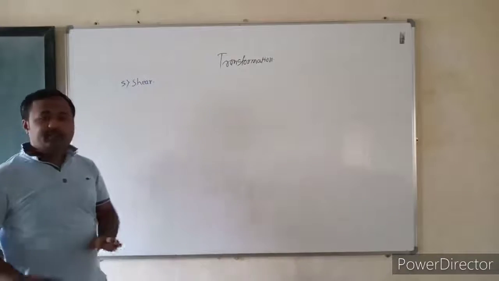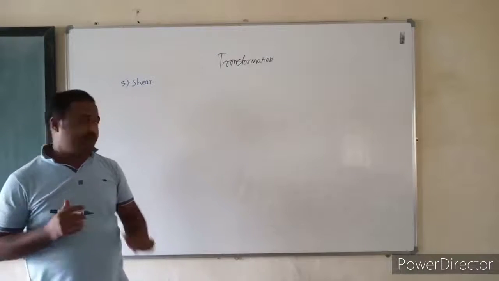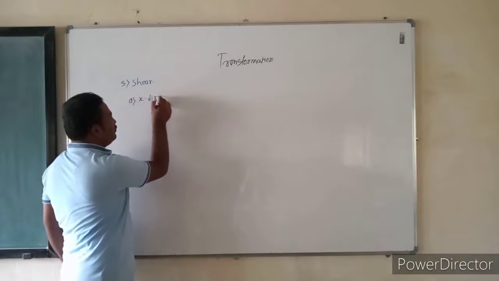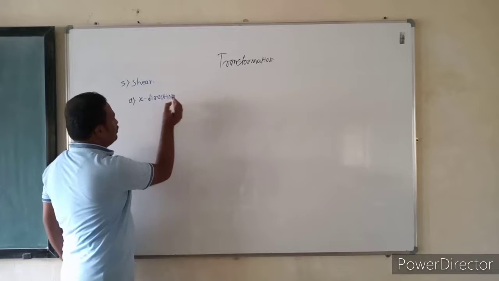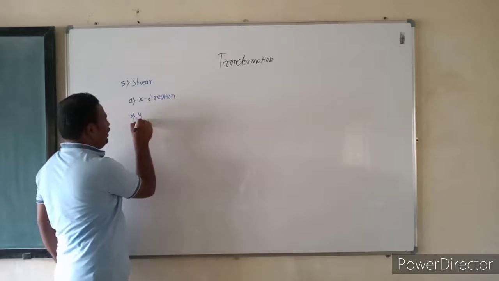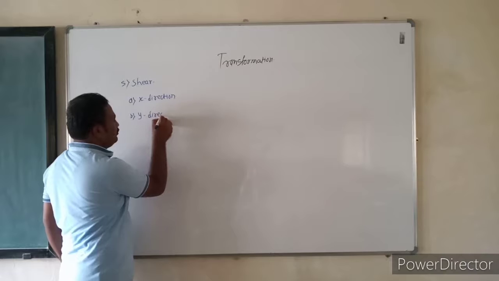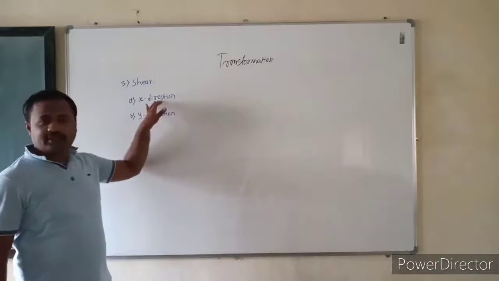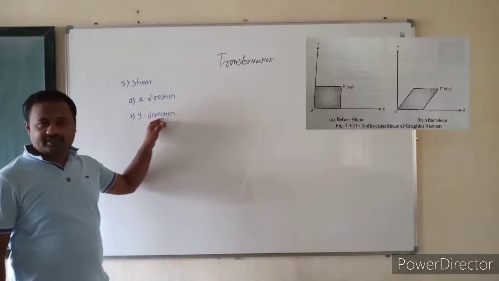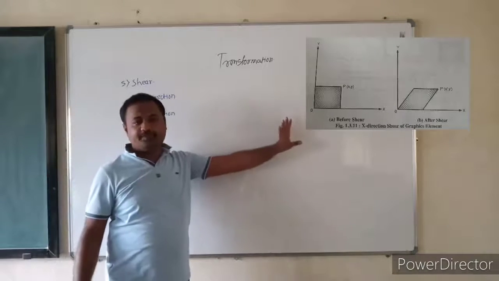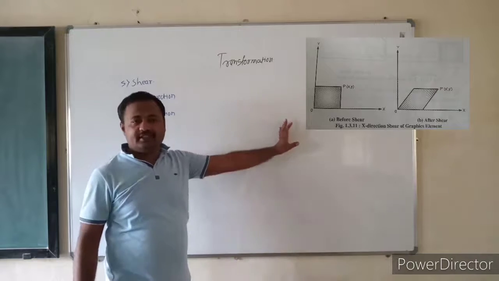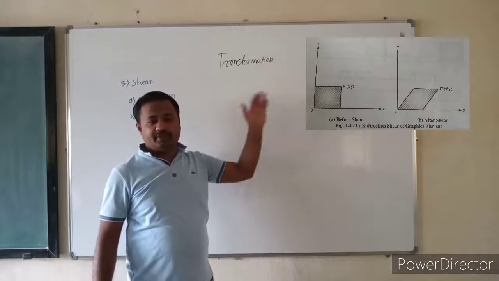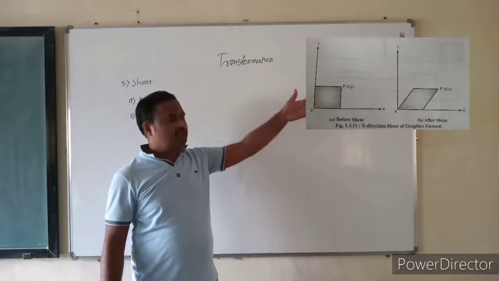Okay. Again, in shear there are two types of shear. First one is x direction, second is y direction. First one is x direction shearing, second one is y direction shearing. In the figure, here in x direction shearing you see that it's original and the next one is after shearing. Original is before shear, new is after shear.